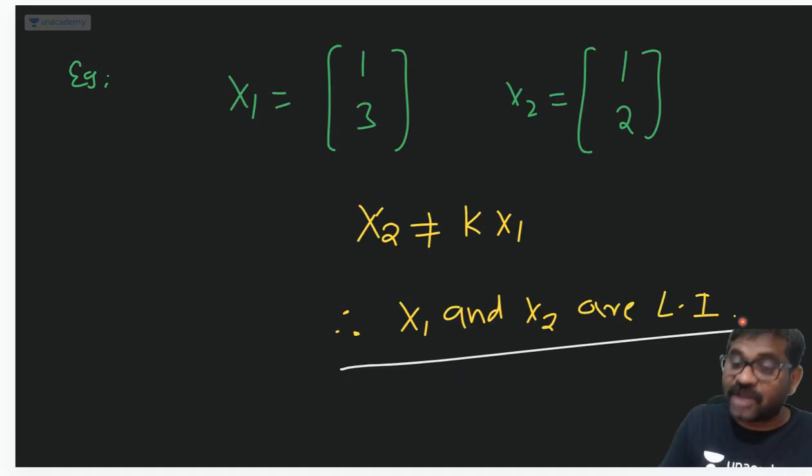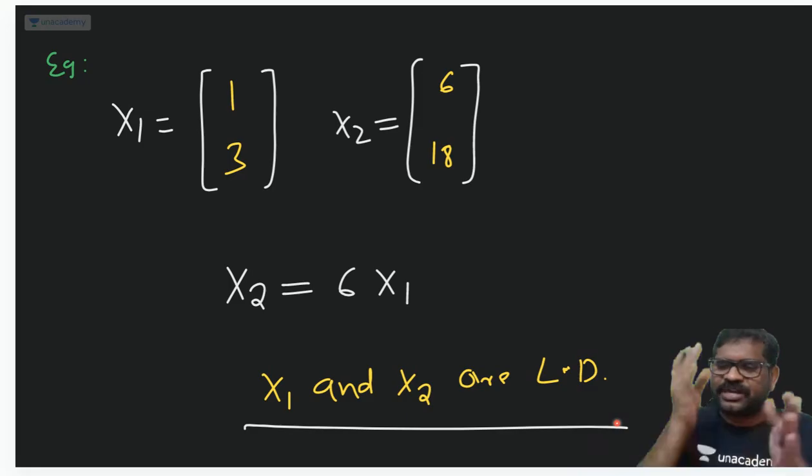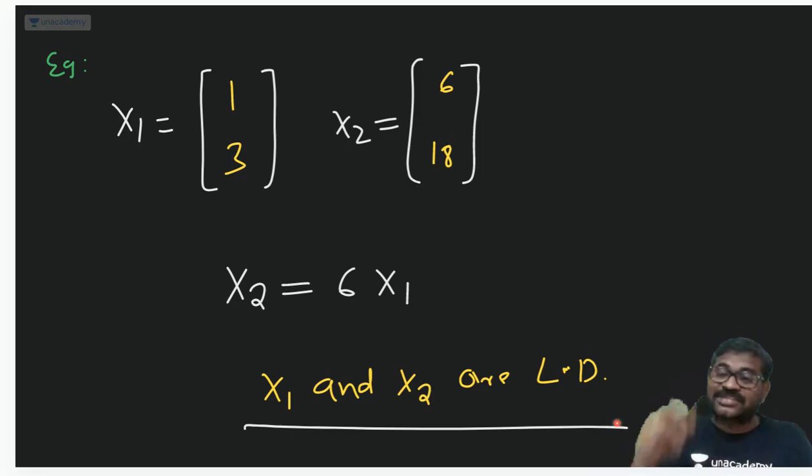If it is not possible, then they are linearly independent. This is the comparison method. One vector you can compare with another vector, whether scalar multiplication is possible or not, when two vectors are given. You can compare easily.